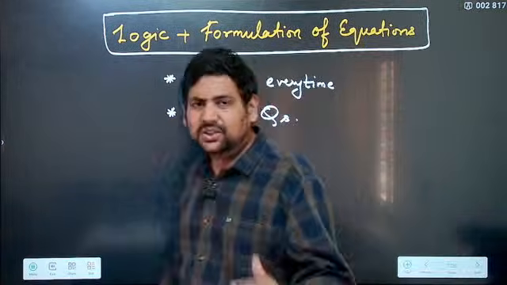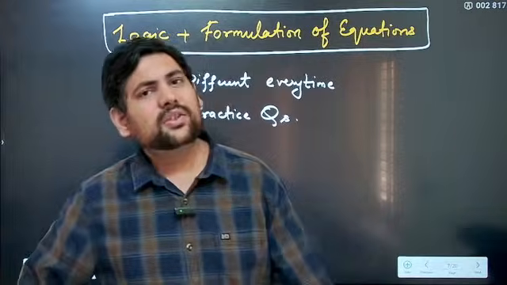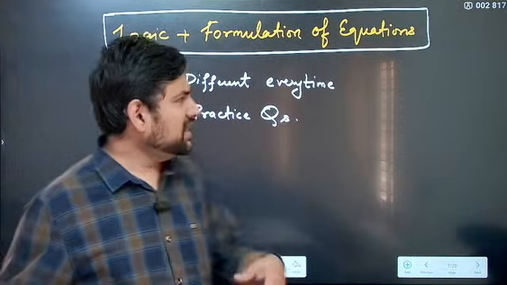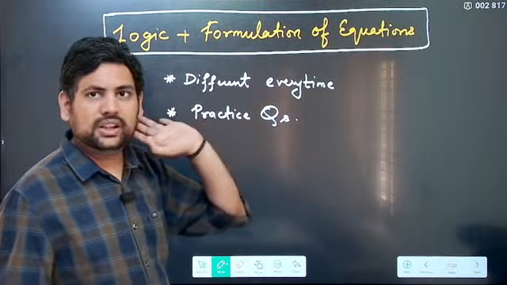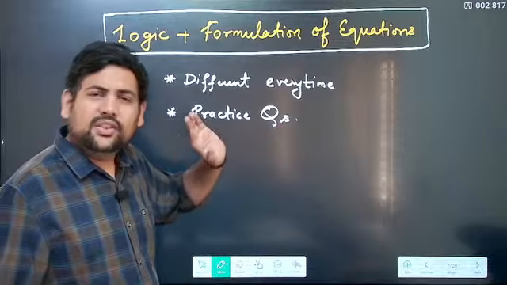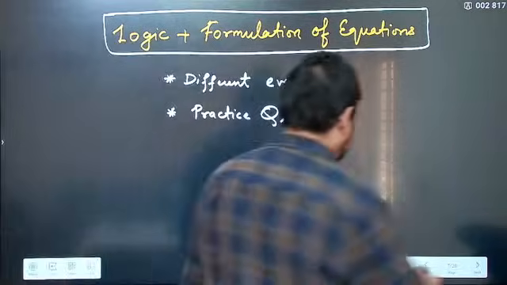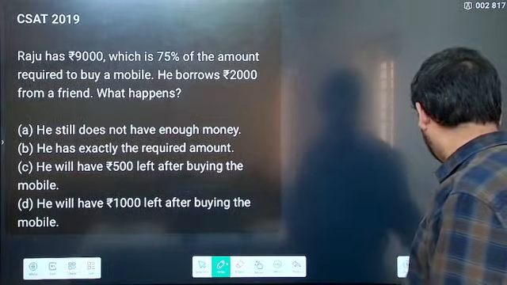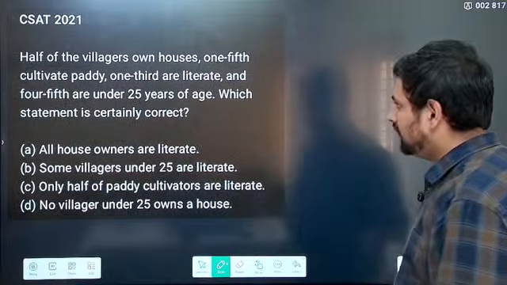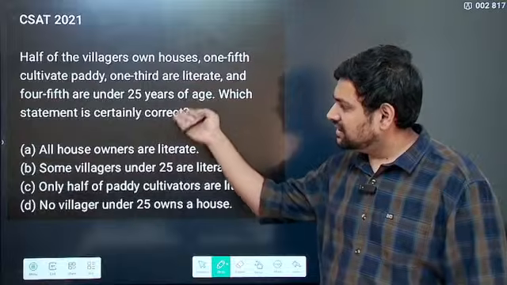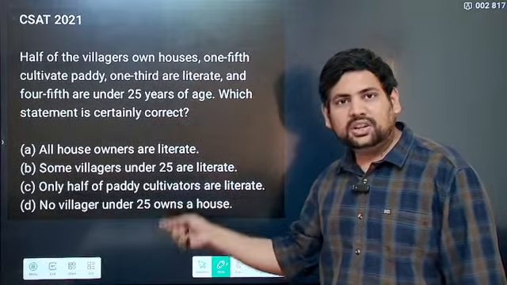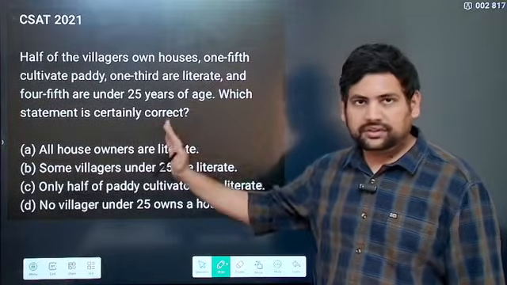So there are certain questions where instead of solving a lot, what is required is just for you to apply some logic and formulate the equations. Okay, just this you have to do. For example, if you read questions like these, like this, half of the villagers own house, 1/5 cultivate paddy, then there are some conclusions you have to draw from whatever is given to you.